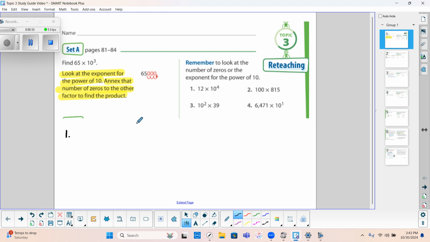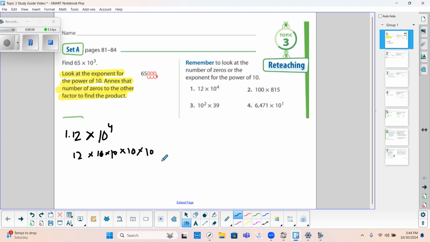The way I explain it, for a problem like number one, 12 times 10 to the fourth literally means 12 times 10 times 10, sorry for my handwriting, I'm using a mouse again, times 10 times 10.